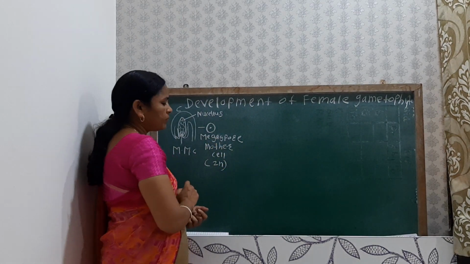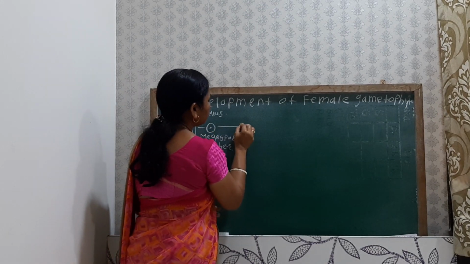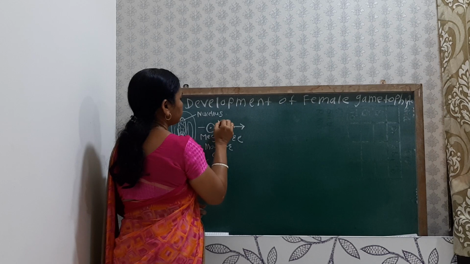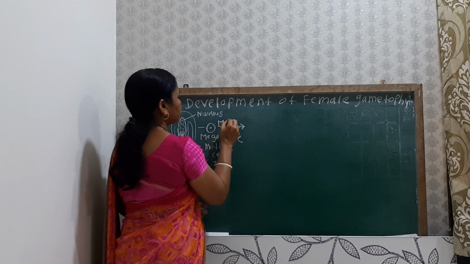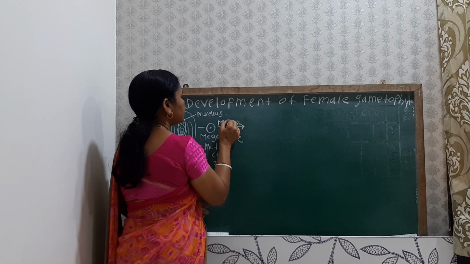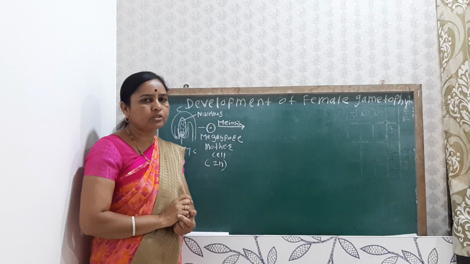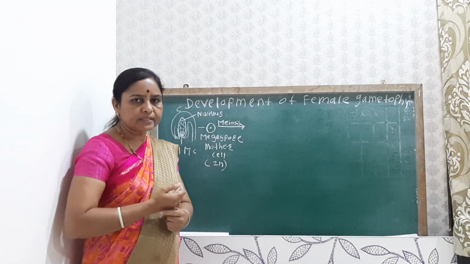This diploid megaspore mother cell divides by meiosis. After meiosis, 4 haploid cells are produced.